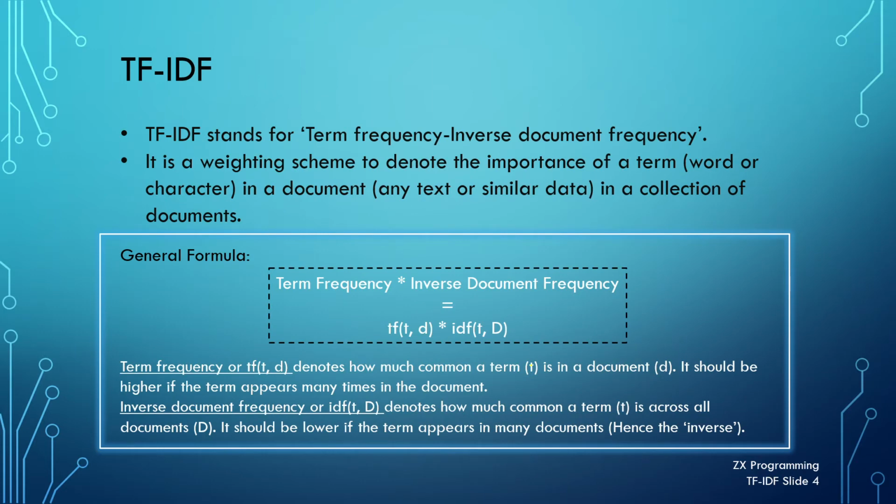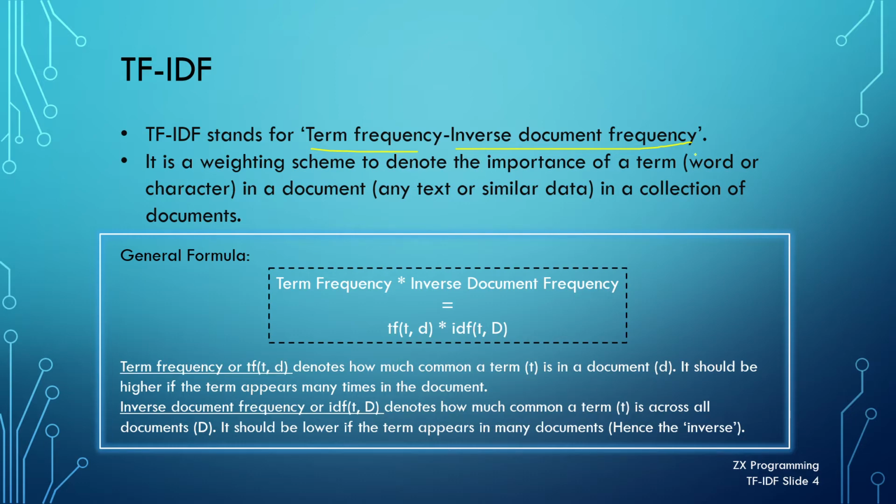Welcome to TF-IDF. TF-IDF stands for term frequency inverse document frequency. As you can see, it is made up of 2 words. Term frequency denotes the frequency of a particular token or a term in a single dataset, single text data.